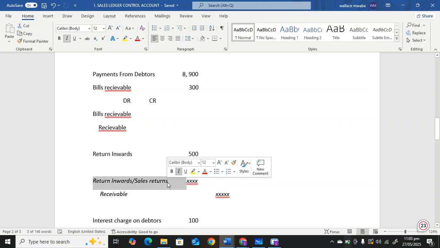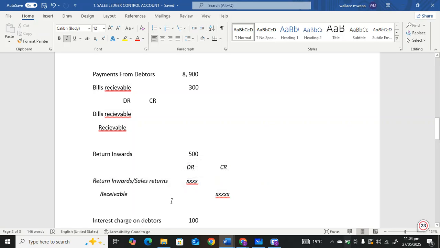Colleagues, just remember these two terms. Most grade 8 to 12 books, lower and upper secondary, usually use sales returns. Even in some universities, you still see sales returns. So it's best you know both terms, so that you're on the safe side.